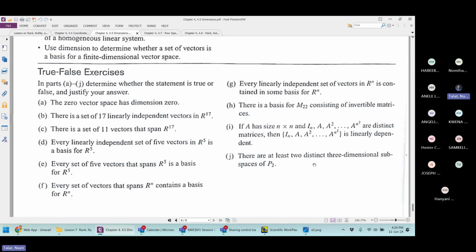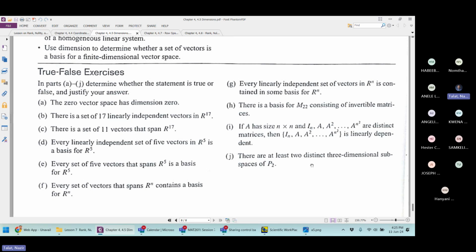Three-dimensional means these are independent, and we need to check which of them are linearly independent, because P2 has a three-dimensional subspace. But they can be distinct, because if they have the same number of... this statement is incorrect. Why?